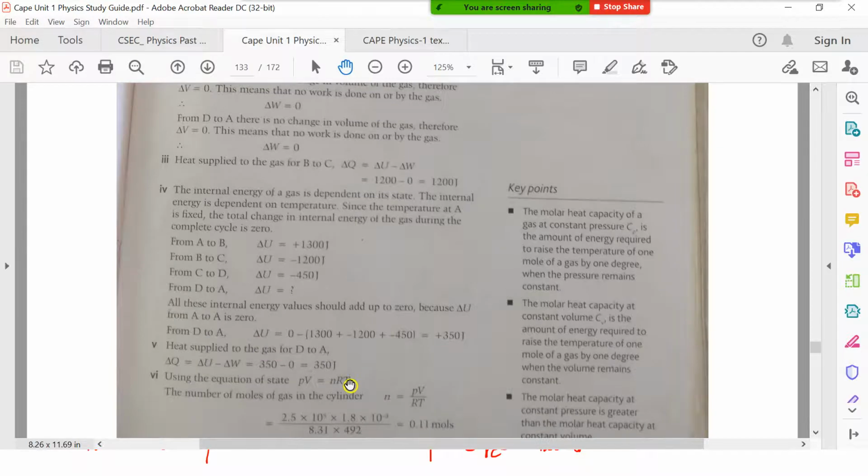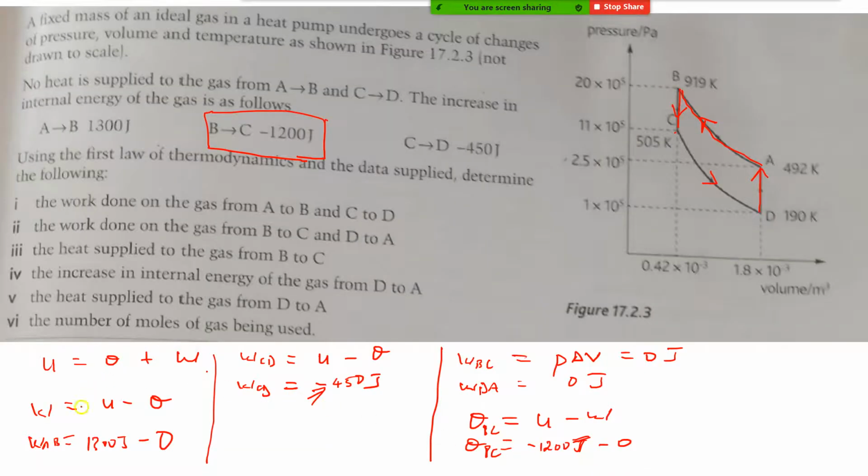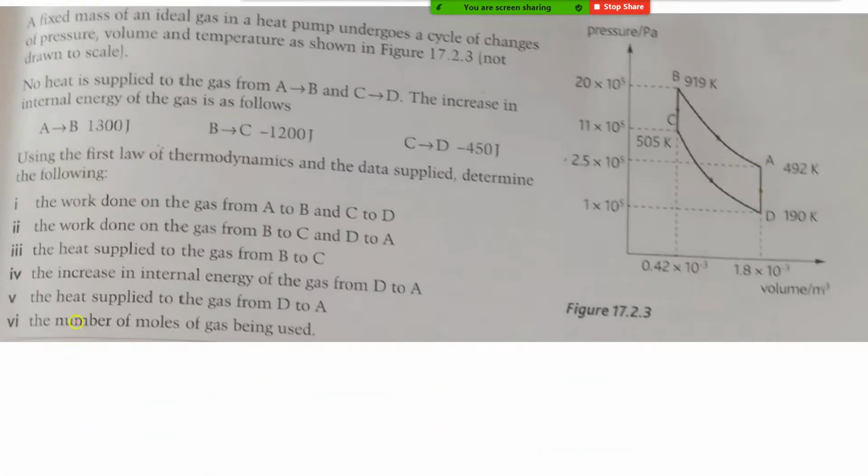So in order to find that change in internal energy, based on what the book is saying, we start at A, travel to B, from B to C, from C to D, and then back to A.